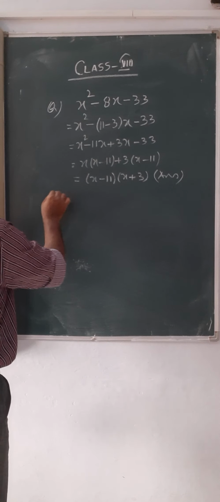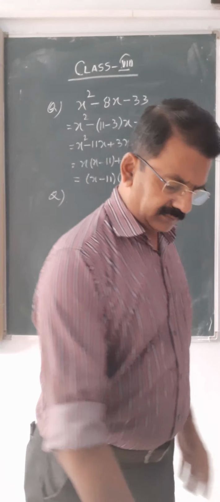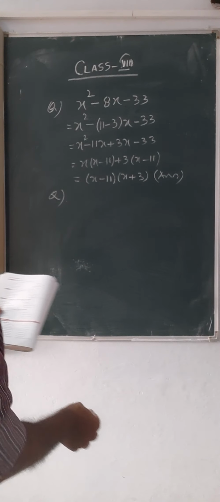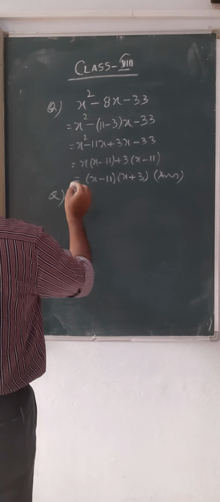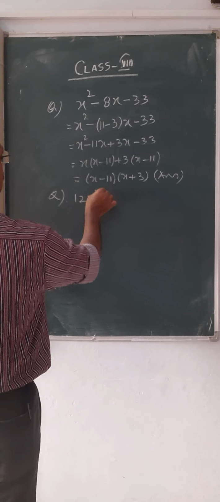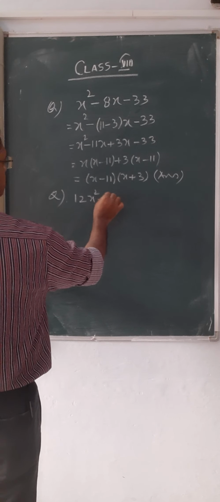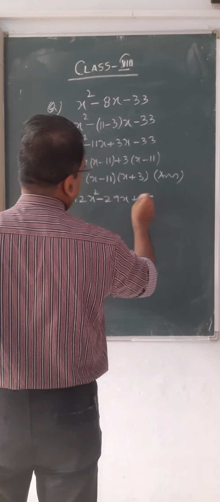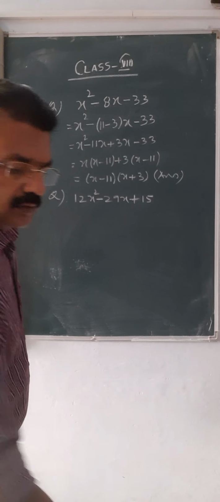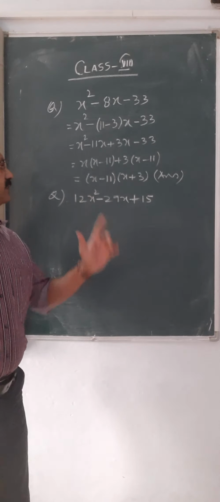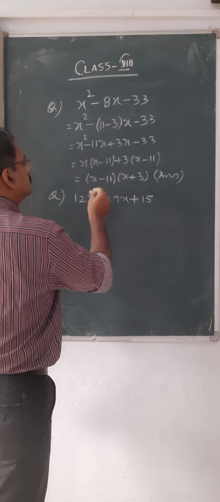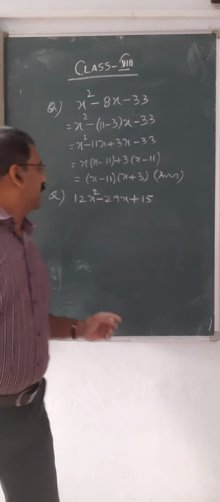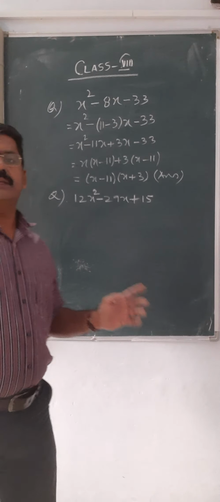Now next question. Now the question is 12x square minus 29x plus 15.